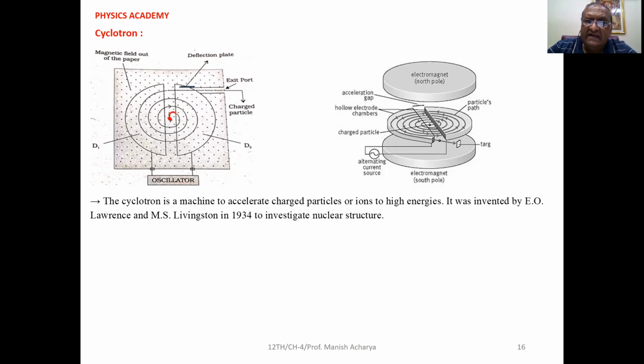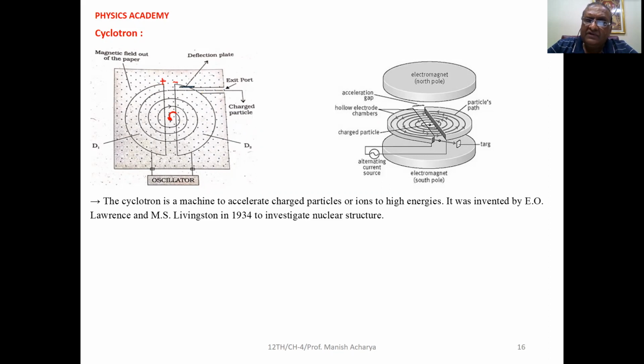As soon as it reaches the diameter of the D, now suppose this is a positively charged particle, this particular D becomes negative and this becomes positive.